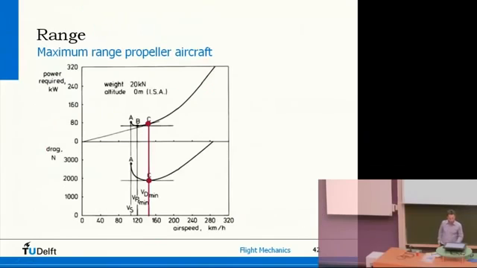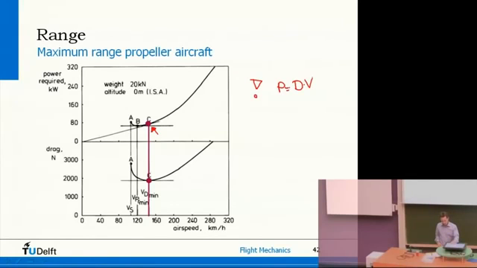Now, if you look in the diagram, then the bottom diagram is the drag curve, the aerodynamic drag curve. So if you take that point all the way at the bottom, where you have minimum drag, then you can simply read here, okay, that's the airspeed I should fly with my aircraft to achieve maximum range. And in the power diagram, it's this point here. And one thing to note is that power is a force times velocity.